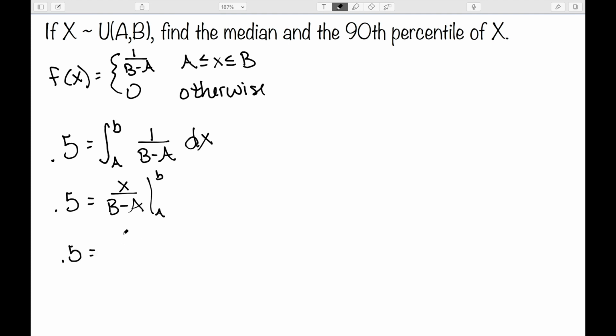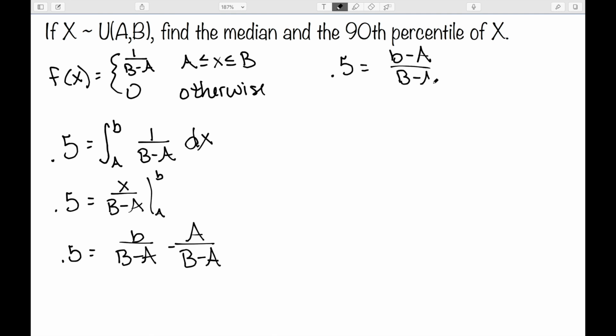So if we integrate this, we get x over b minus a, taken between lowercase b and capital A. So we have 0.5 is equal to b over b minus a, minus capital A over b minus a. This gives me 0.5 is equal to little b minus a over b minus a. We can multiply both sides by the denominator, and then add a.